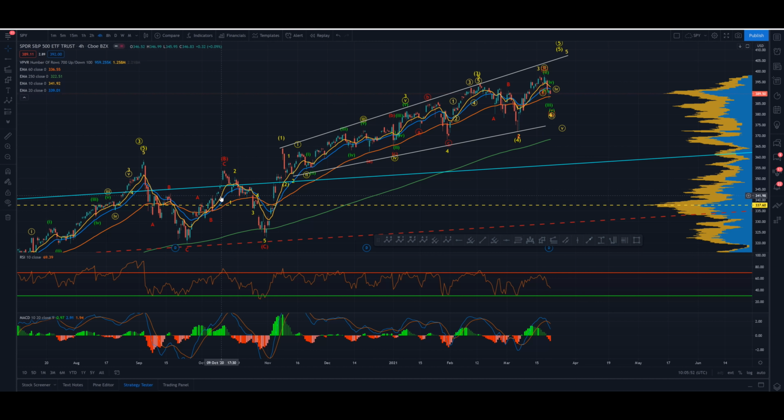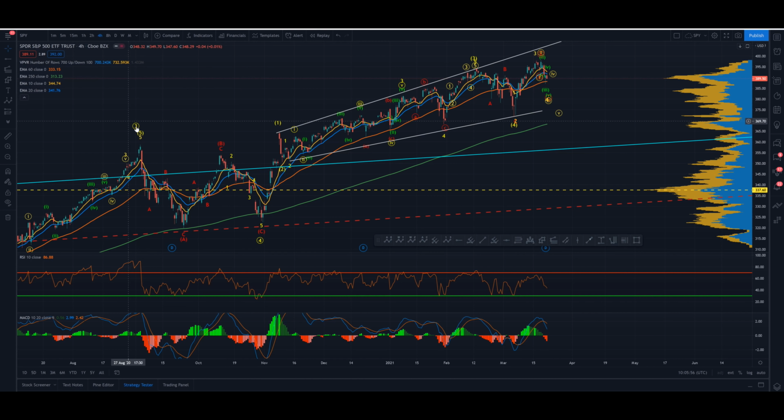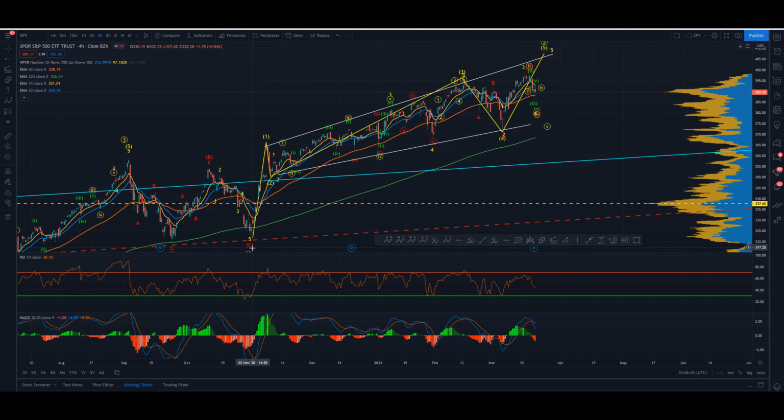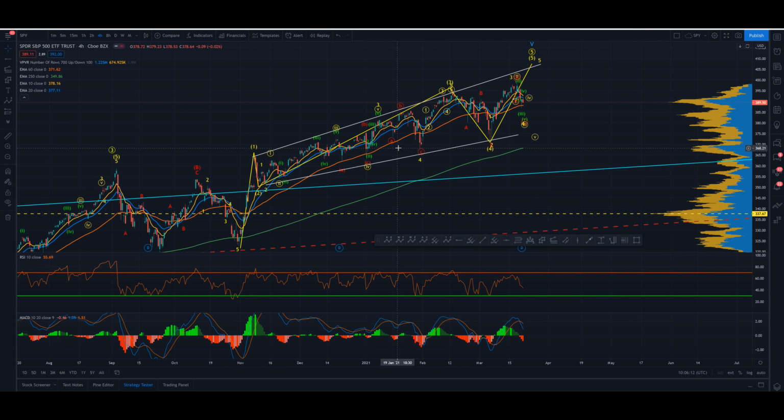But I've managed to count this as an impulse wave, so I'm just sticking with that for the moment because I have my wave 3, 4 primary back here, and then I've got this structure to complete. You know, not pretty. Thrust up in the 1, 2 to find the bottom of this channel, 3, 4, 5 to come. Now, like I said, it's not particularly pretty, but there's no overlap between the 1 and the 4 on any time degree.